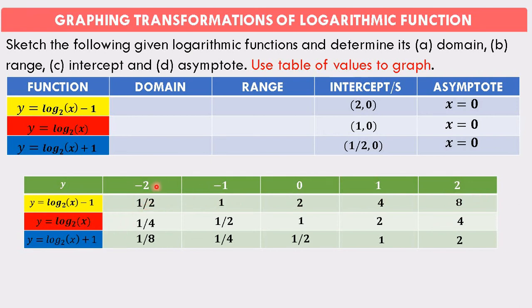So we now have -2, 1/2; -1, 1; 0, 2; 1, 4; and 2, 8 for y equals the logarithm of x minus 1 to the base 2. Next, -2, 1/4; -1, 1/2; 0, 1; 1, 2; and 2, 4 for the second function. And lastly, we have -2, 1/8; -1, 1/4; 0, 1/2; 1, 1; and 2, 2 for the last function.